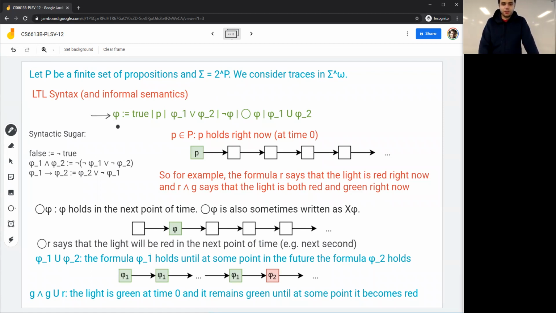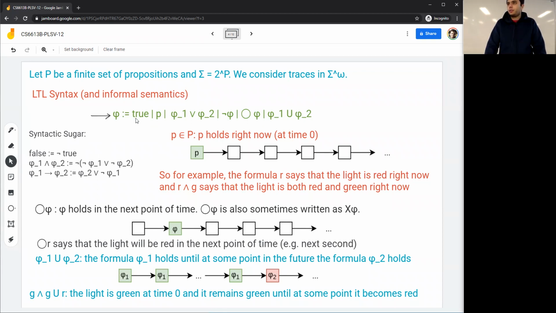Okay, so here's the syntax of how you can create an LTL formula phi. An LTL formula phi can just be true, or it can be one of the propositions in P, or we can have phi1 or phi2. We can have negation. And then there are two more, and these are the temporal operators that I will define right now. Okay, but before defining that, note that this already includes propositional logic, right?